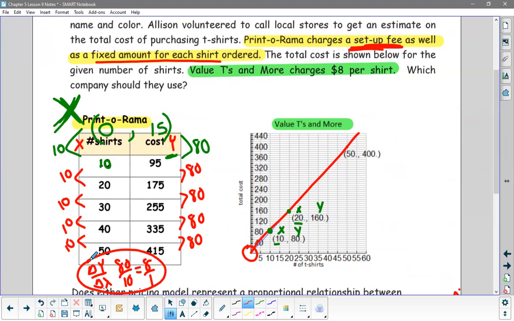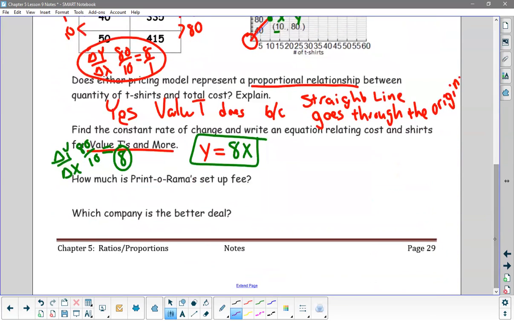If you're setting up the machine, you haven't made any t-shirts yet. So we're focused on when the t-shirts are 0. When the t-shirts are 0, it costs $15. That's our answer. How much is the Print-O-Rama setup fee? It's $15, what happened when it was 0.